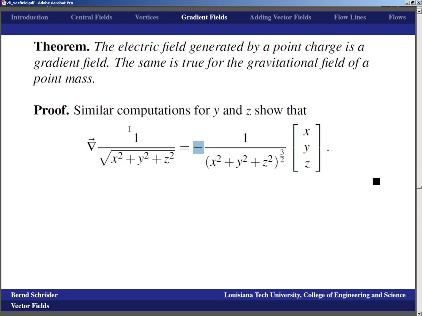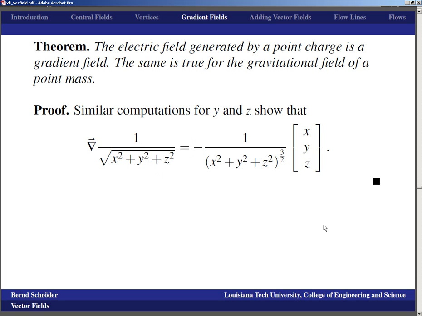So the gradient of negative 1 over r is the field that we had on the previous panel, and that shows that the crucial part, the part that actually depends on position, the part that comes after the constant, is really the gradient of another function.